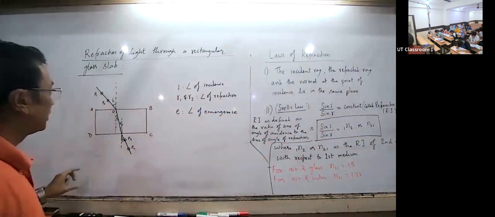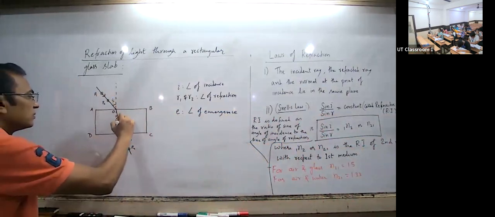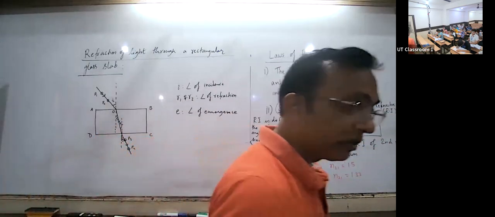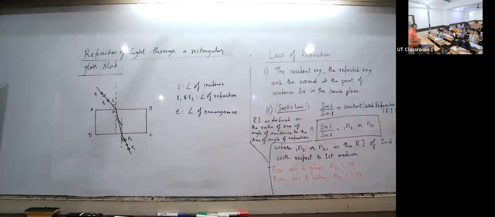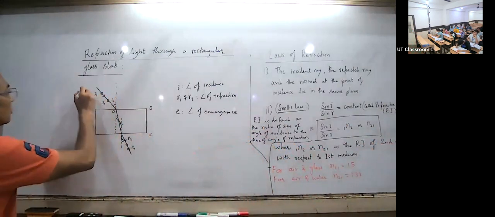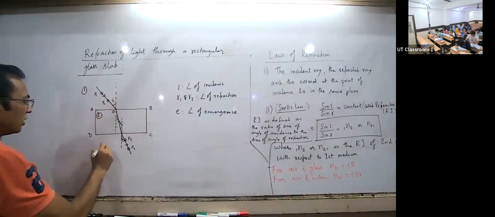Now, why did we get a ray diagram like this? See the diagram in the book, just in case you're having difficulty comprehending it. See the nature. So what is happening? There are two mediums: 1, 2, and again 1.